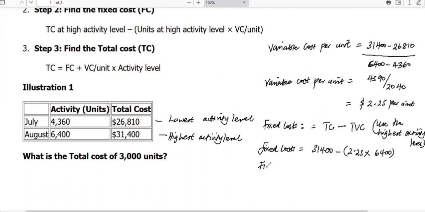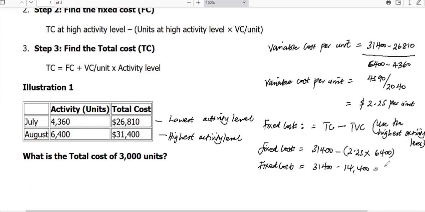Therefore, our fixed costs equal 31,400 minus the total variable costs, which we have as 14,400 at this activity level.